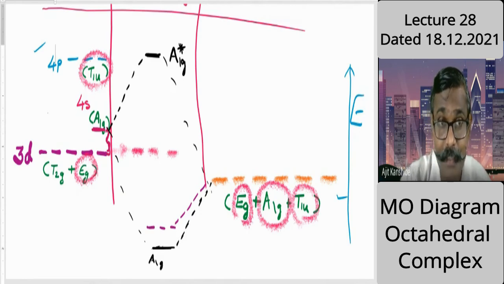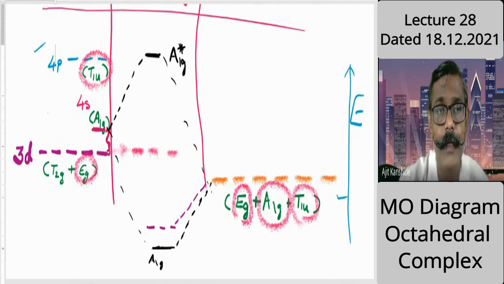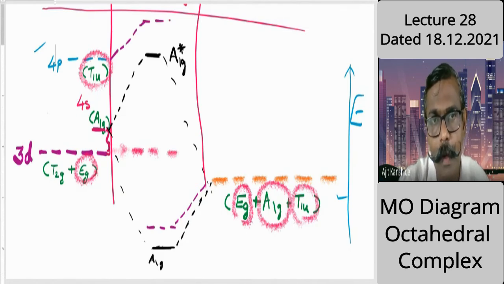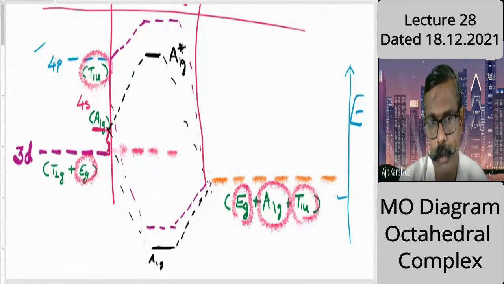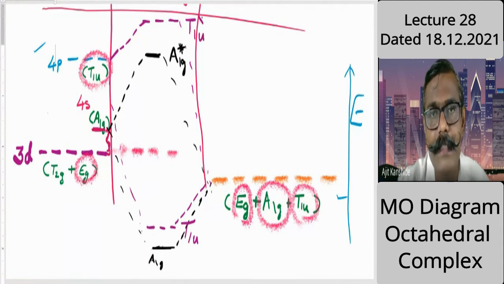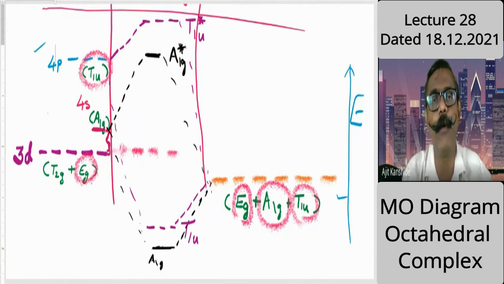As the energy decreases, similarly T1u from here will increase: 1, 2, 3, 4, 5. And here T1u: 1, 2, and 3. That is our T1u set upside, and this is the T1u set downside. So it is labeled T1u, a bonding orbital, and it is labeled T1u asterisk, which means it is an anti-bonding orbital.